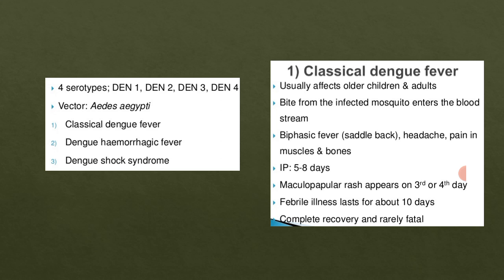Into the bloodstream. Now the biphasic fever, called saddleback fever, headache, and pain in the muscles and bones. These symptoms are mostly observed in classical dengue fever: biphasic fever, headache, muscle pain and bone pain, pain in the joints, then sleeplessness and restlessness. The incubation period for classical dengue fever is 5 to 8 days after the infection.